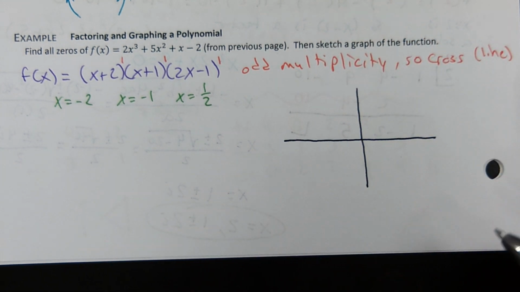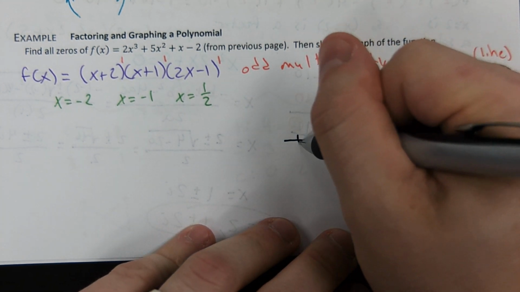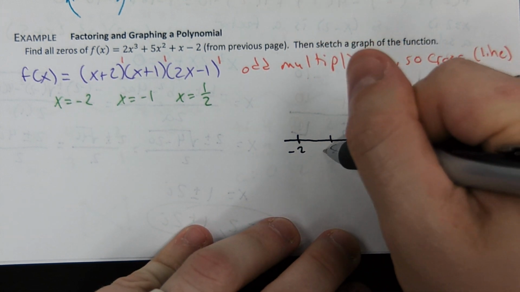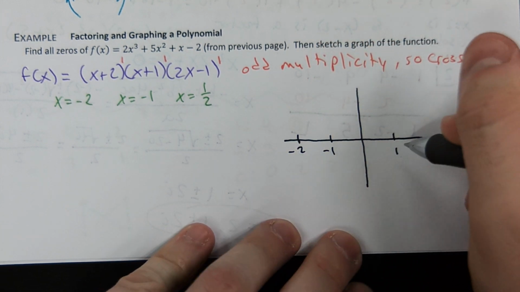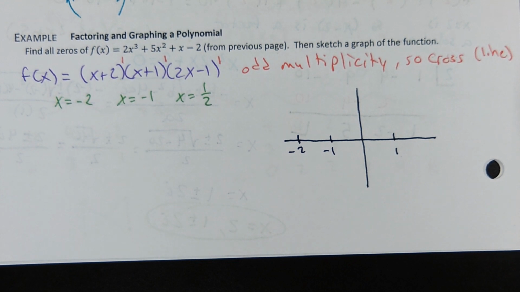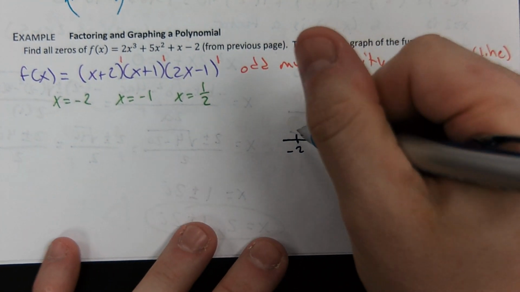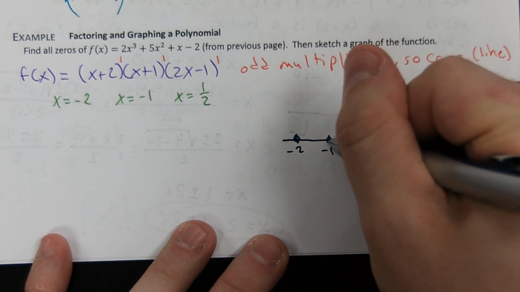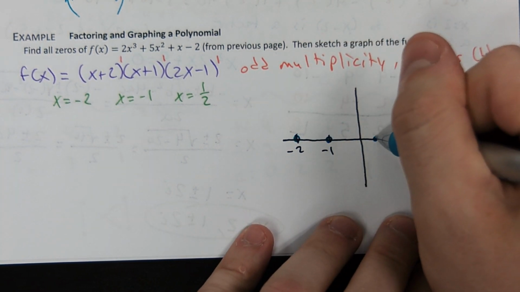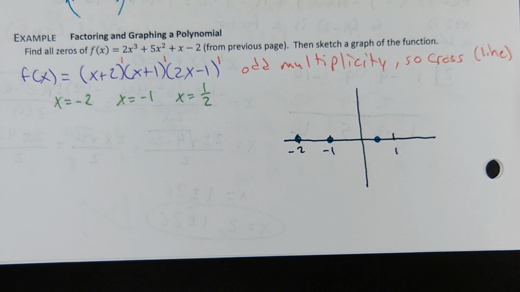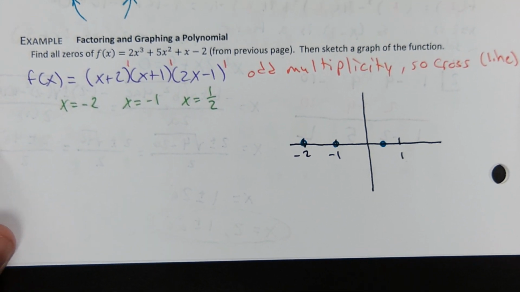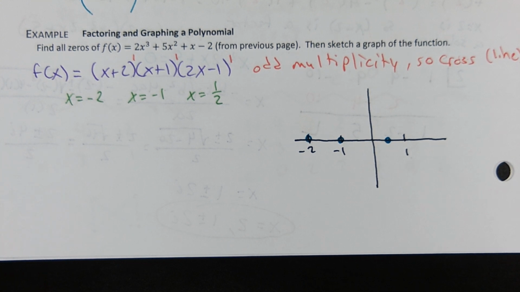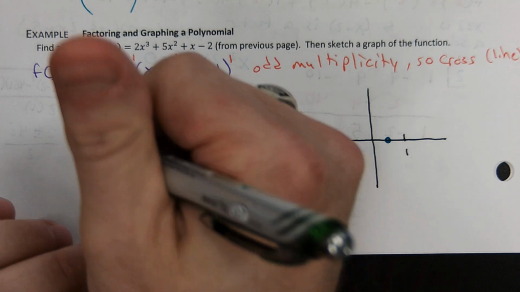Negative 1, negative 2, and then 1/2. This is a degree 3 polynomial. So this is an odd degree.